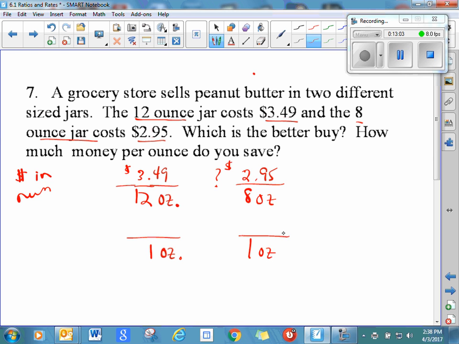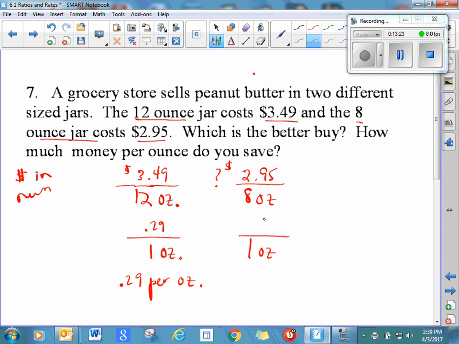So you hop on your calculator, you do 3.49 divided by 12, and you get 0.29, 29 cents per ounce. Will you write that, please? 29 cents per ounce. That's the unit rate for our first option.